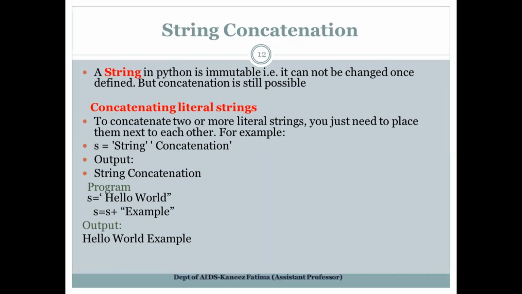In the previous slide we observed that we cannot change a string from the current value to a new value, but if you want to combine two or three strings, it is possible with the concatenation methodology.